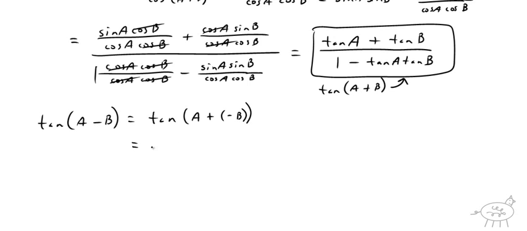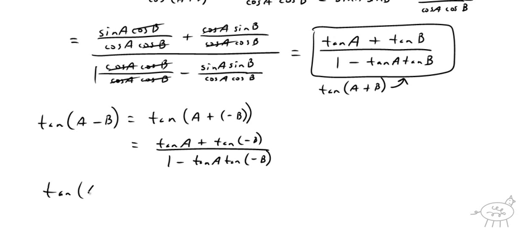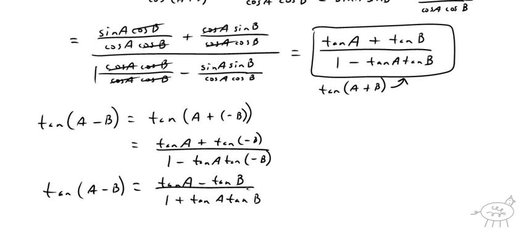It's going to be tangent of A plus tangent of negative B over 1 minus tangent of A tangent of negative B. And so I can write out my final answer, tangent of A minus B. Knowing our negative angle identities, tangent of negative B is the same thing as negative tangent of B, so it's minus tangent of B. And on the bottom is 1, and that becomes plus, because tangent of negative B is negative tangent of B, so 1 plus tangent of A tangent of B.